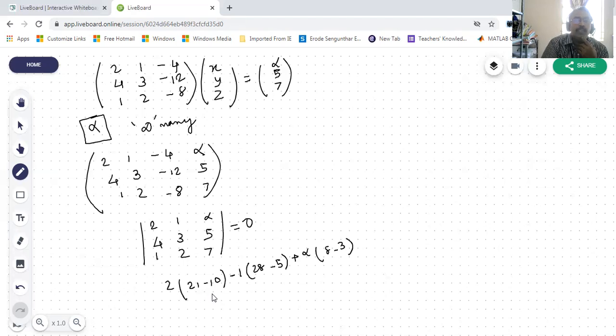So 21 minus 10 is 11. 11 into 2 is 22. 22 minus 23 (28 minus 5) is minus 1, plus 5 alpha, equal to 0. So 5 alpha is equal to 1. Alpha is equal to 1 by 5, which is the alpha which has infinitely many solutions, right?